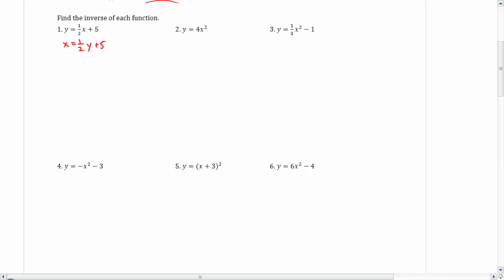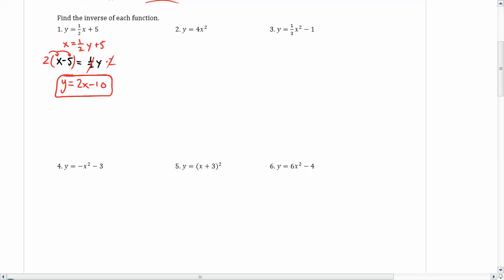Subtract 5 from both sides first. So we have x minus 5 equals 1/2 y. And then your last step is to multiply both sides completely by 2. On the right side, when you multiply 1/2 y times 2, the 2 cancels out. We just have y equals. On the left side, it's 2 times x, 2 times -5, so that's 2x minus 10.